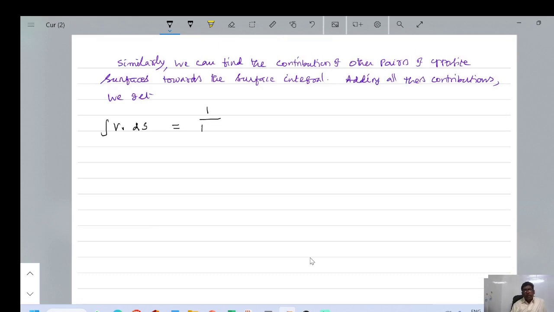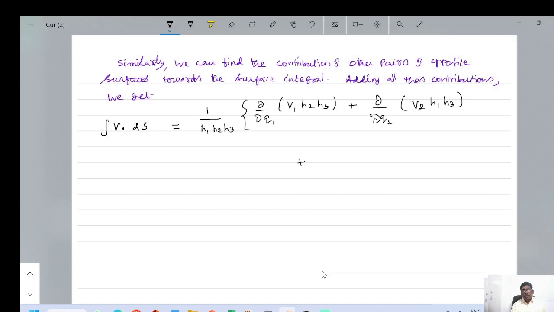One by h1 h2 h3 into ∂/∂q1 of v1 h2 h3. In the same manner, you can write ∂/∂q2 of v2 h1 h3 plus ∂/∂q3 of v3 h1 h2.